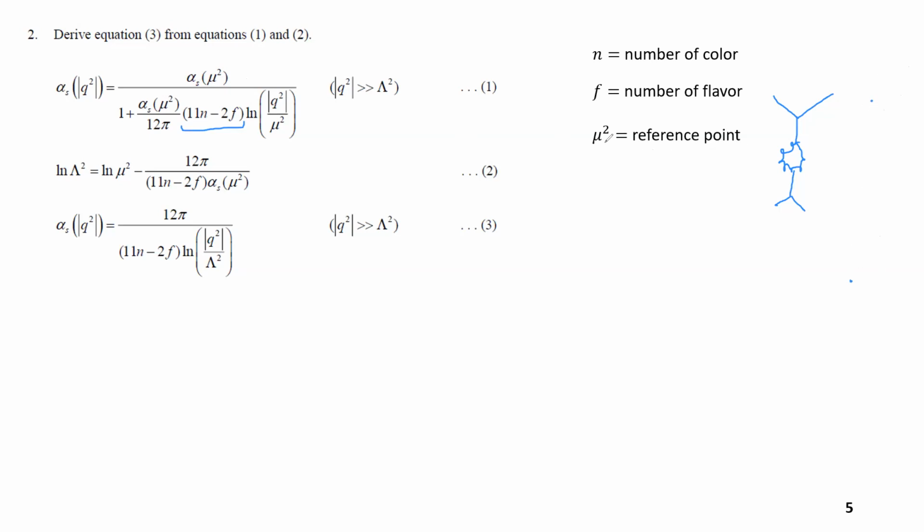So we have to choose another reference point, and we label it mu square. We can combine this mu square with this factor to form a new variable lambda. Now we want to prove that using these two relations we can derive this expression.